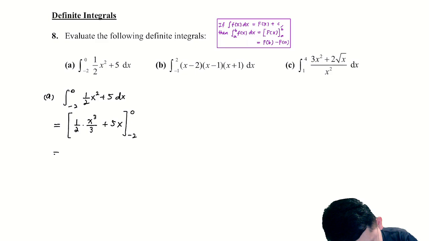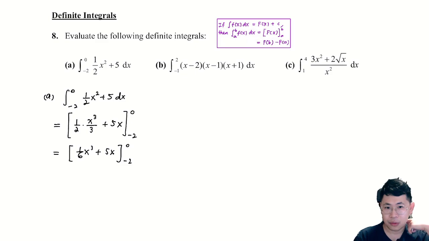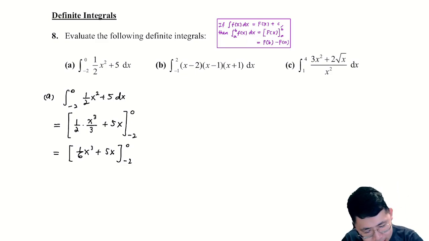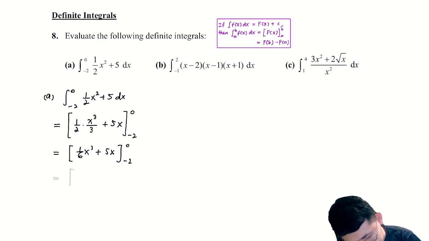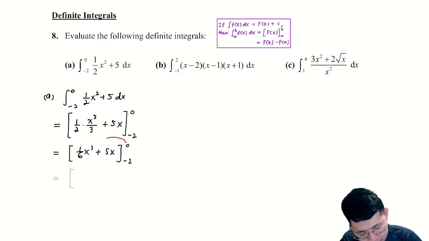Let us tidy up a little bit. Over here, I get 1 over 6 x cubed plus 5x from -2 to 0. The next thing we need to do is to sub in one by one. Technically speaking, we sub in the 0 first, and then we sub in the -2.